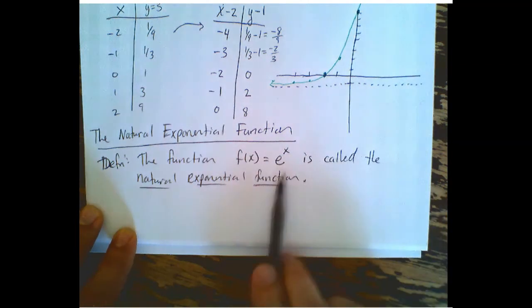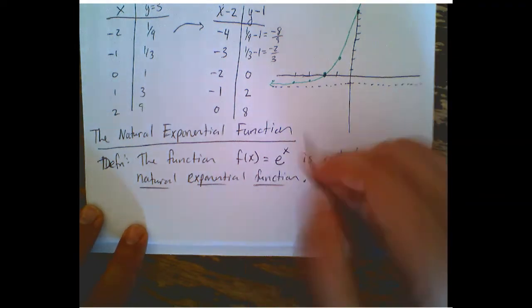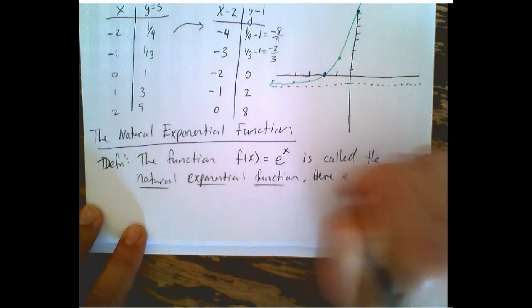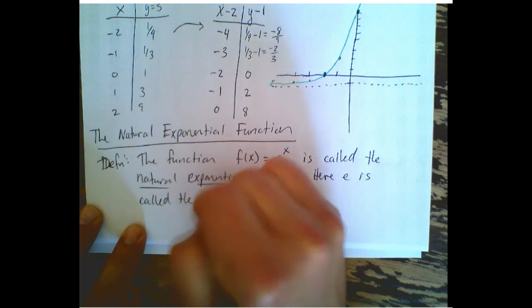Okay? So what's this e deal here? Well, e is just a number. It's kind of like pi. It pops up through exponential modeling all the time. And if you go to calculus, you will see this over and over and over again. Here, e is called the natural base.